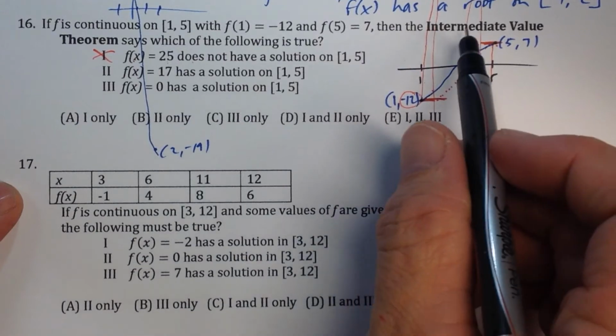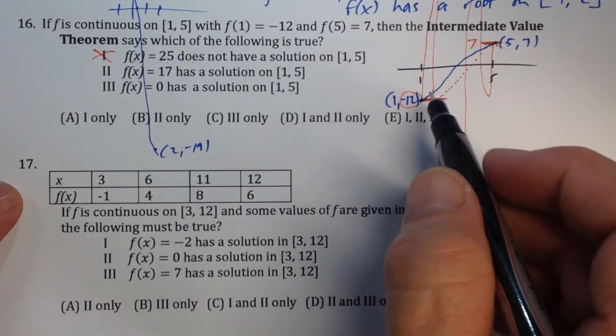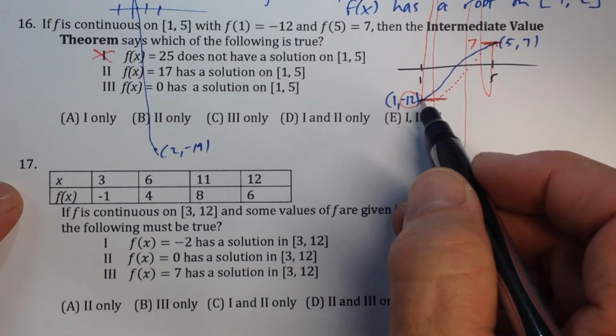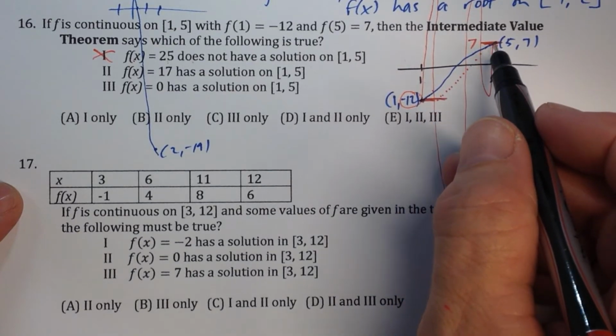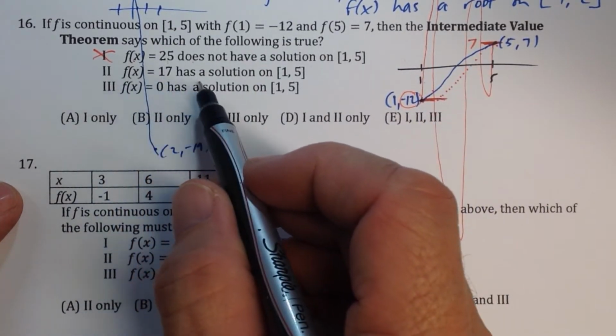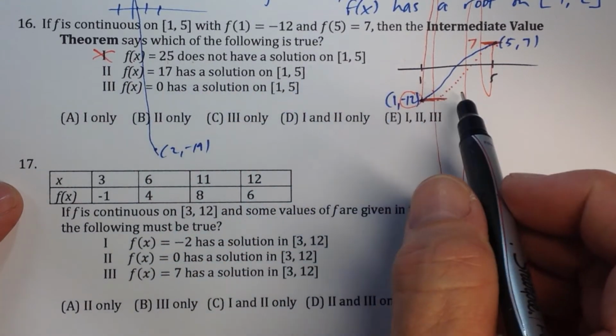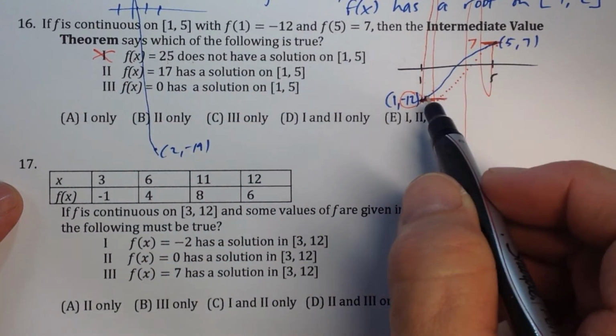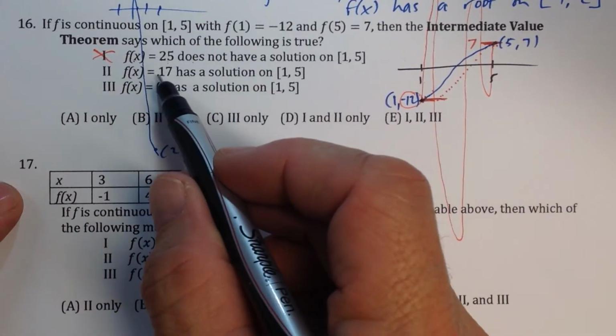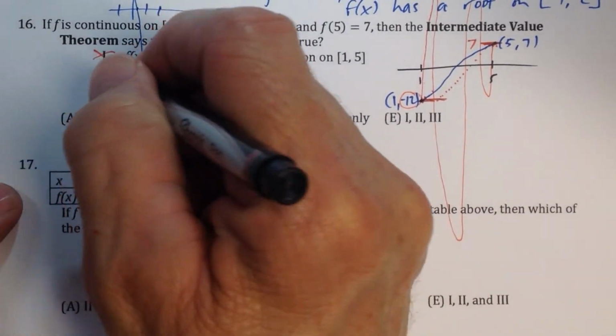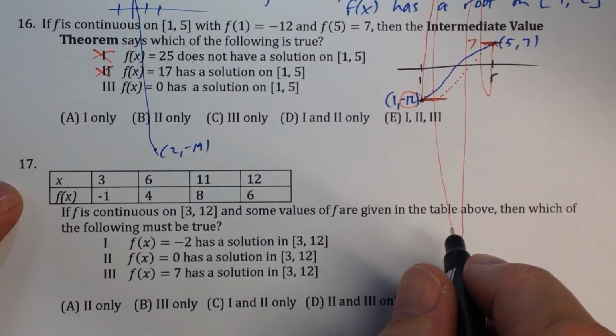The intermediate value theorem only tells us that f of x will definitely be hitting all the values between negative 12 and 7. F of x equals 17 has a solution from 1 to 5. Well, we're not guaranteed anything except from negative 12 to 7, and 17 is outside of that range. So that is not true.